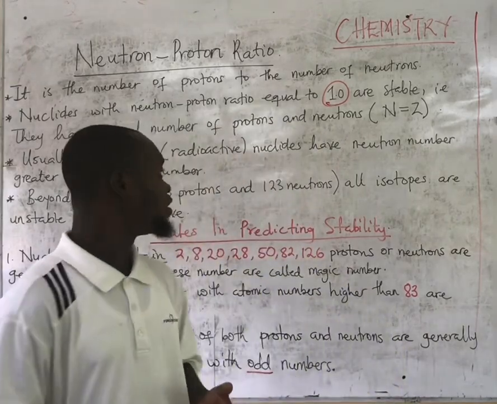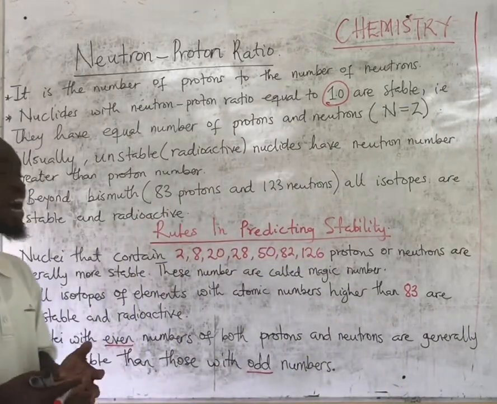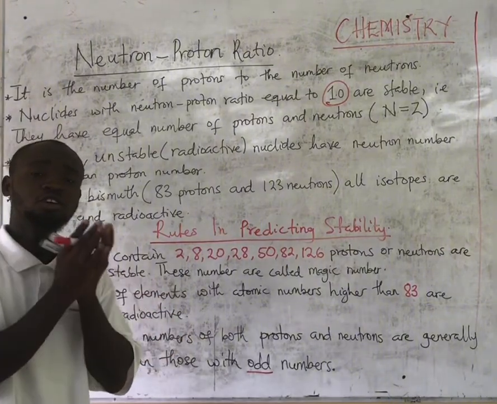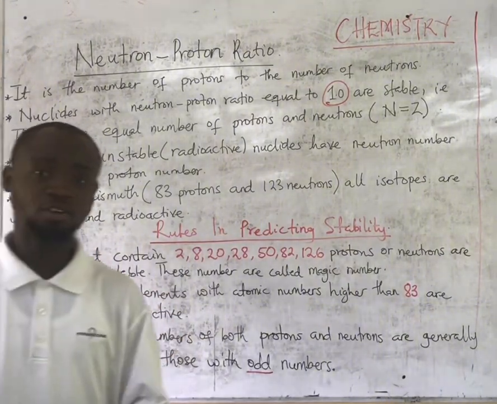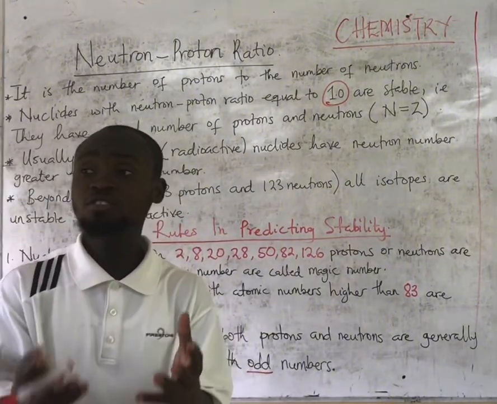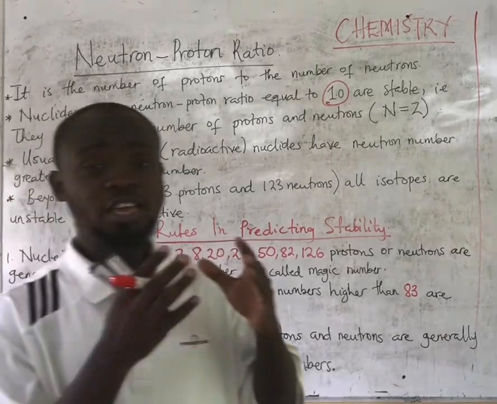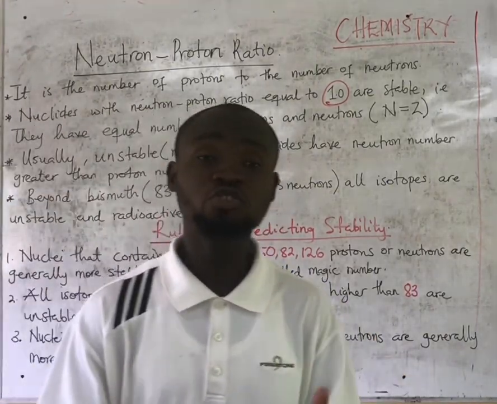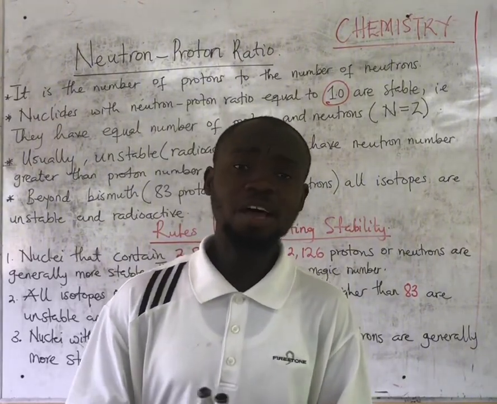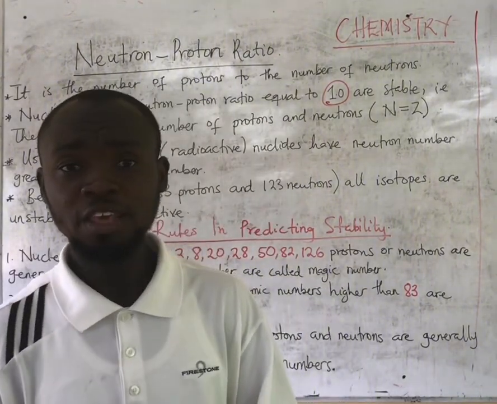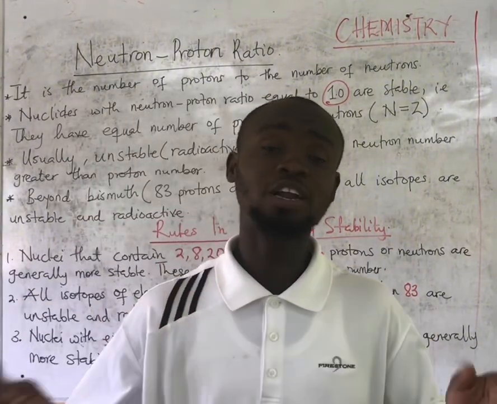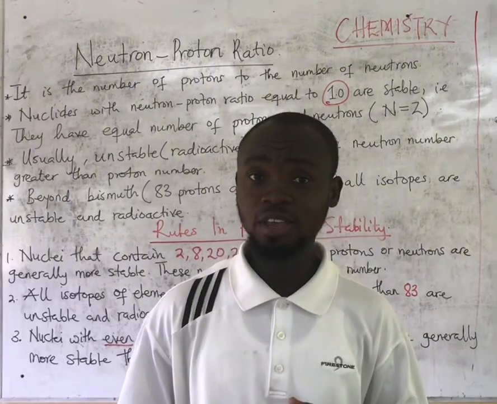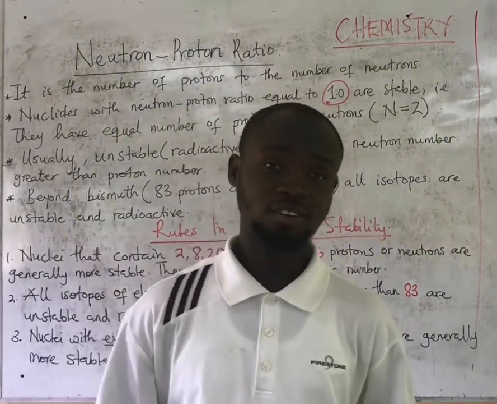So basically, radioactive elements have more neutrons than protons in the nucleus. And we know that for stability, we should have an equal number of protons and neutrons, giving us a ratio of 1. But if the mass number exceeds the proton number, the ratio won't be equal to 1. The ratio will be more than 1.